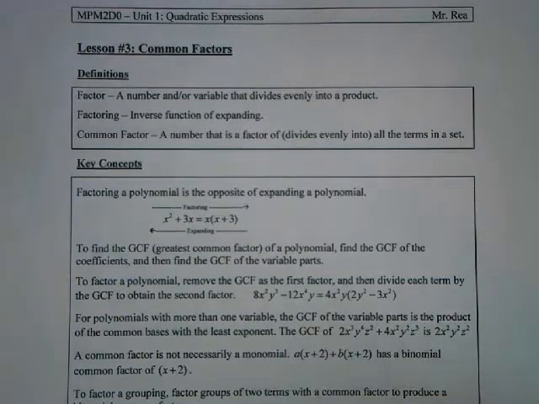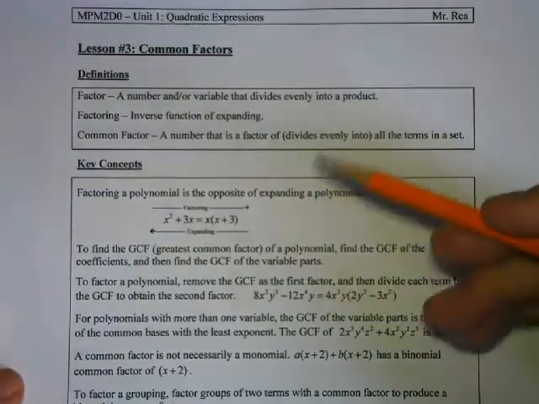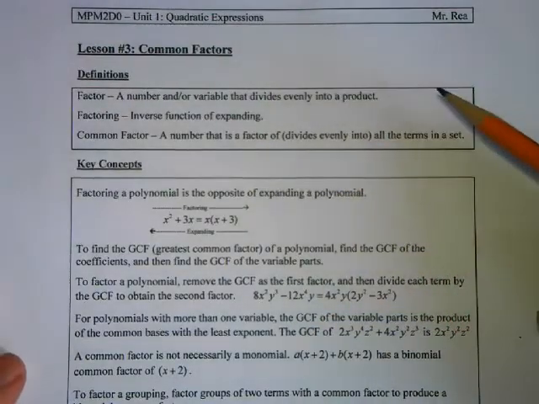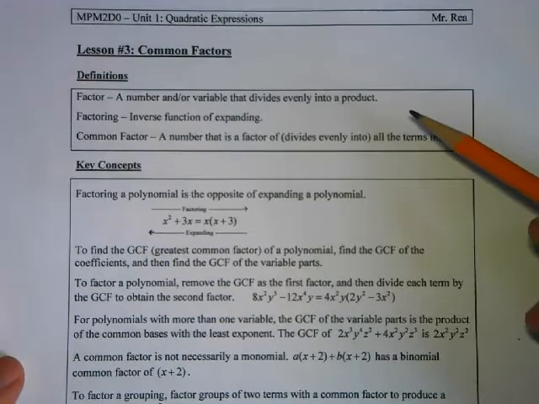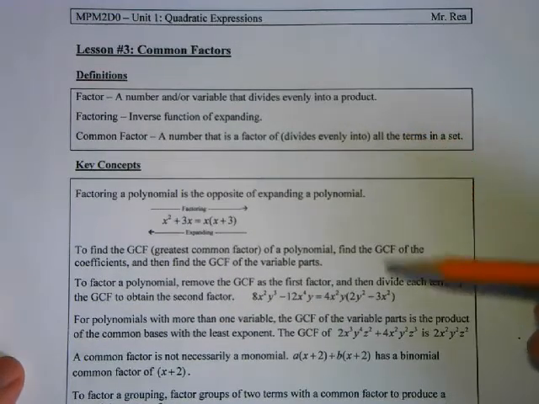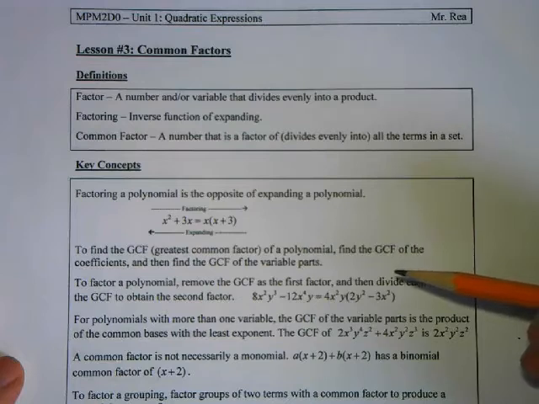We're going to continue on with our unit on quadratic expressions. This is the third lesson in our unit. The first two lessons were teaching us how to multiply two binomials together.